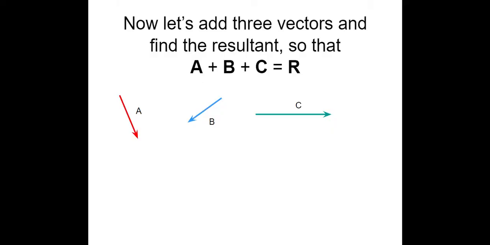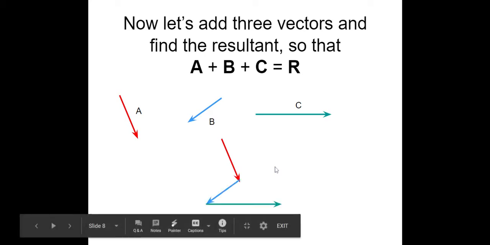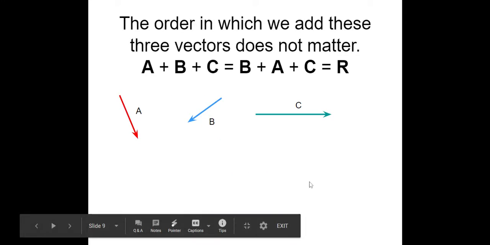So true. We can add 3 together as well. We have A down and to the right, B down and to the left, and then C straight to the right. If we add A, then B, then C, the resultant's going to be right there.